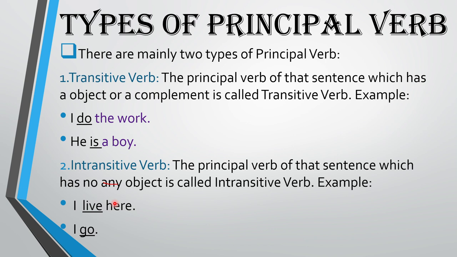We will learn about the adverb in the next videos, inshallah. Because it is an adverb, it is not a noun. If it were a noun, then we could call it an object. So "live" has no object in this sentence, so it is an intransitive verb.